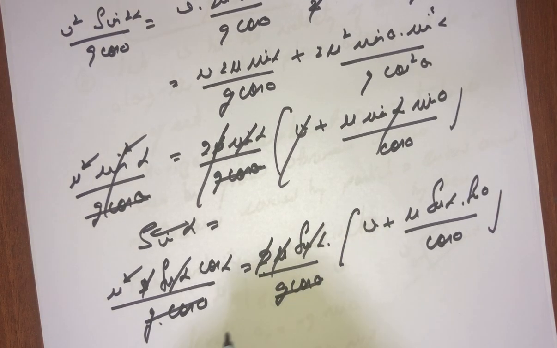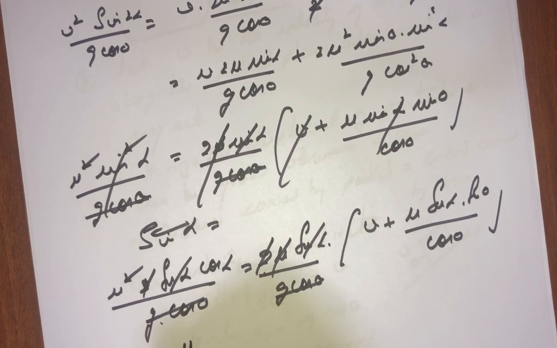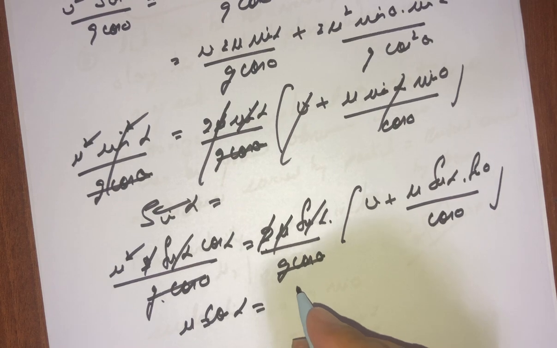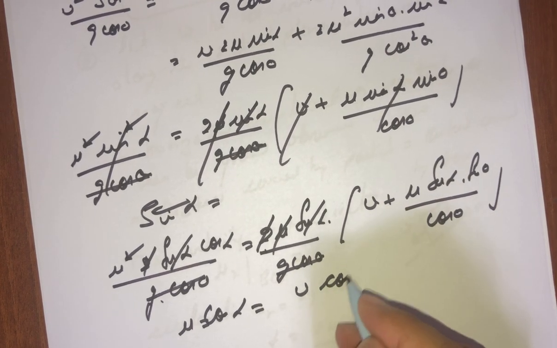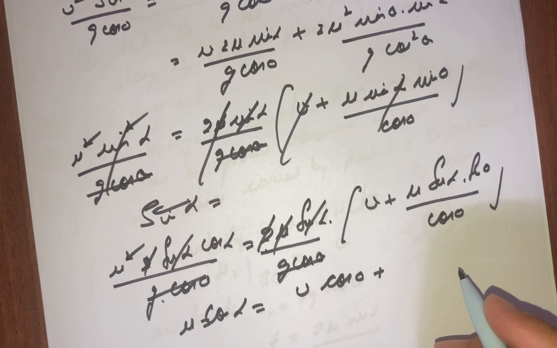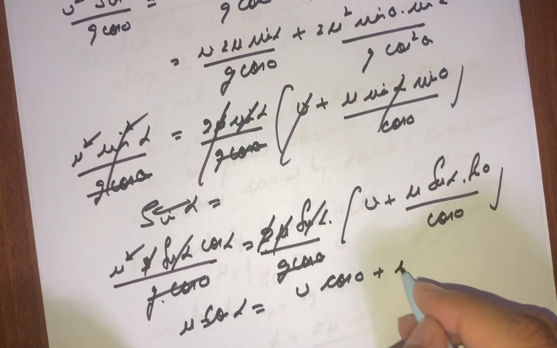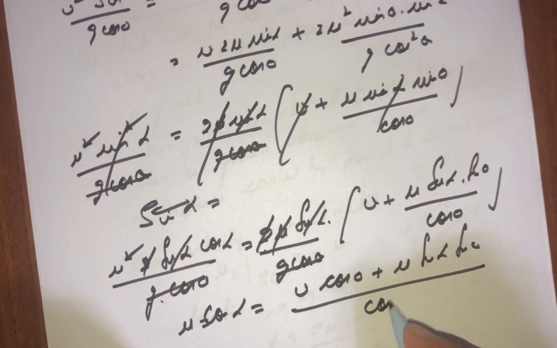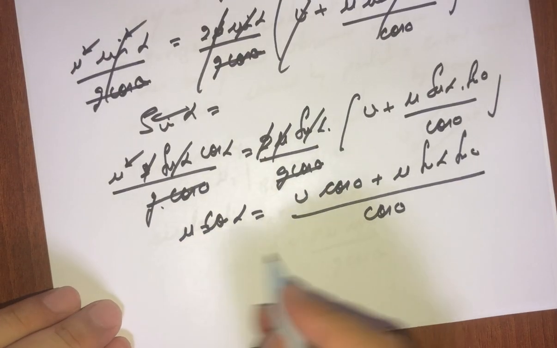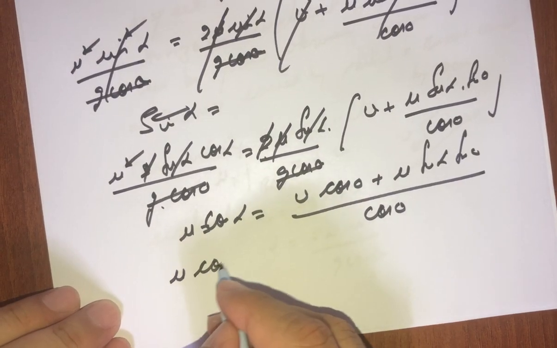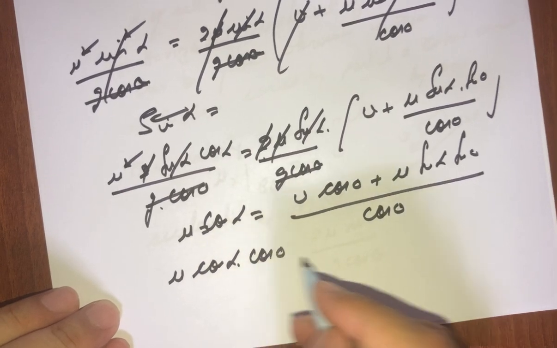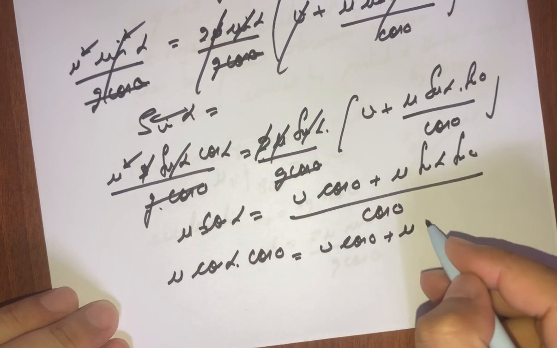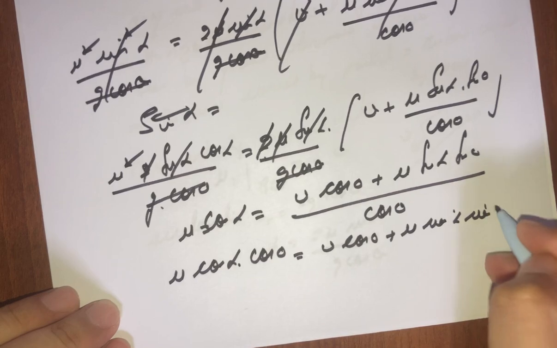We are left with u cos alpha is equal to v, taking LCM, v cos theta plus u sine alpha sine theta divided by cos theta. Cross multiplying, u cos alpha cos theta is equal to v cos theta plus u sine alpha sine theta.